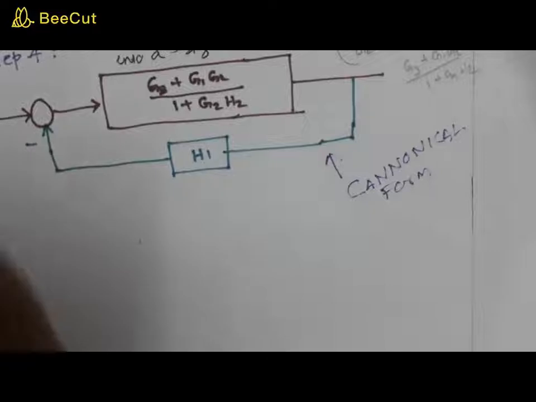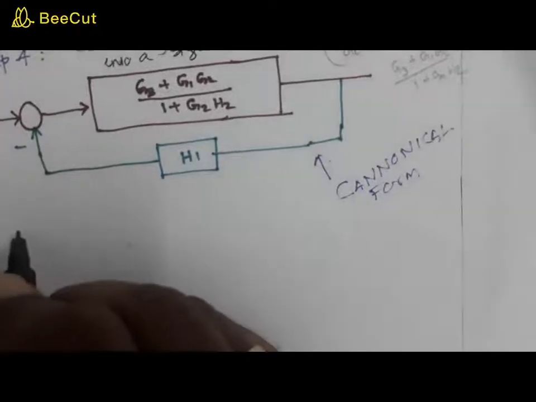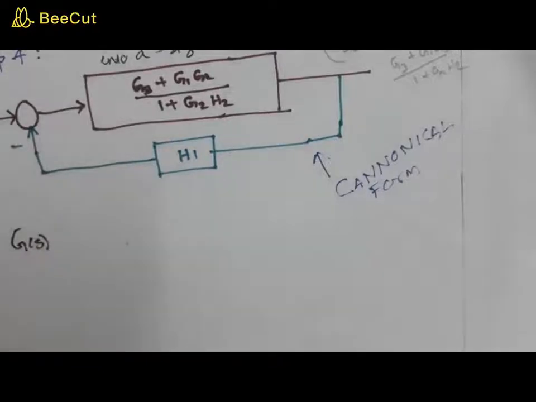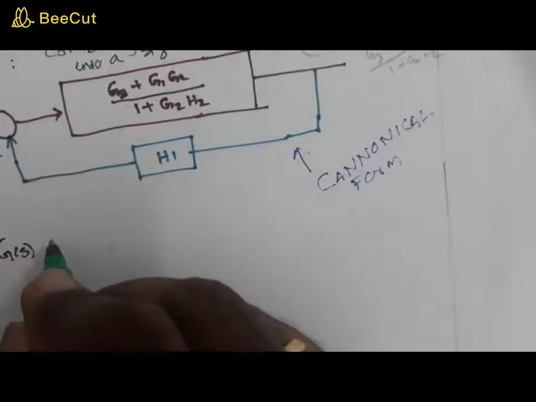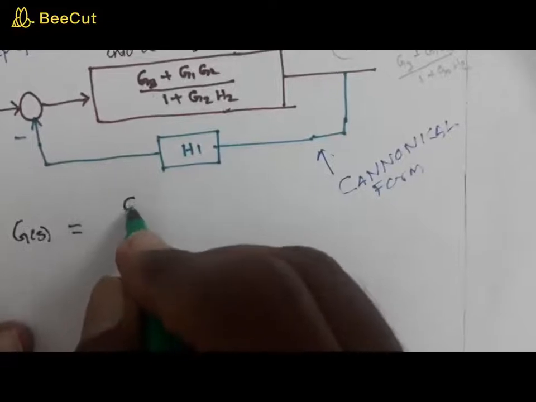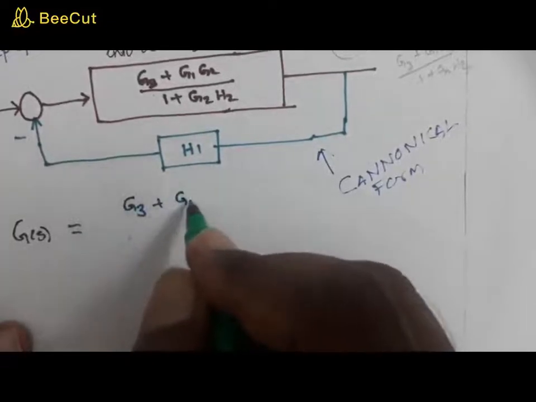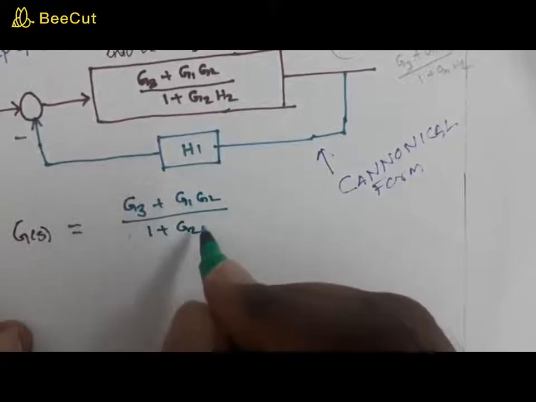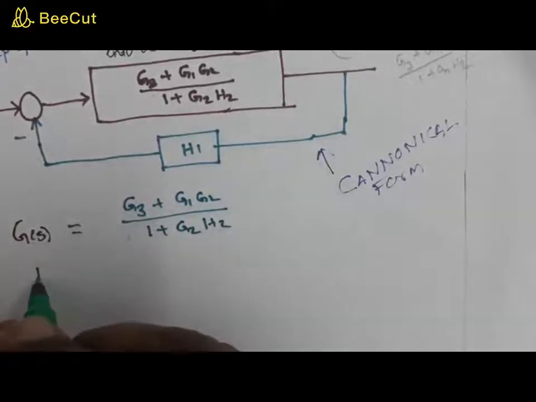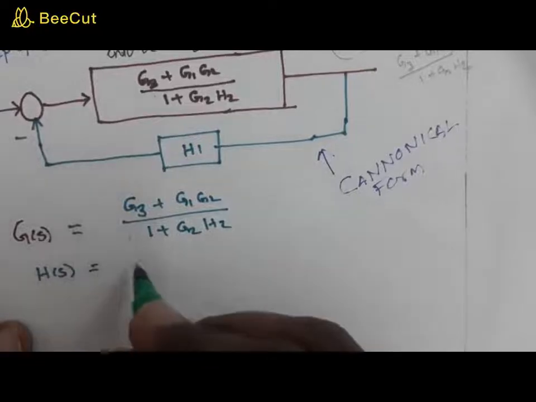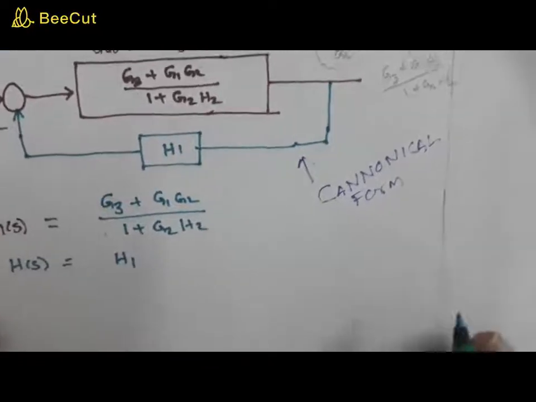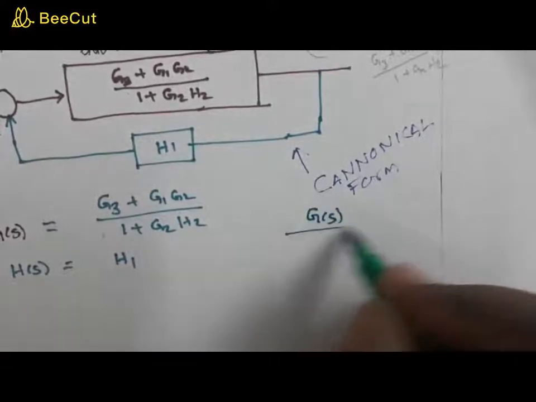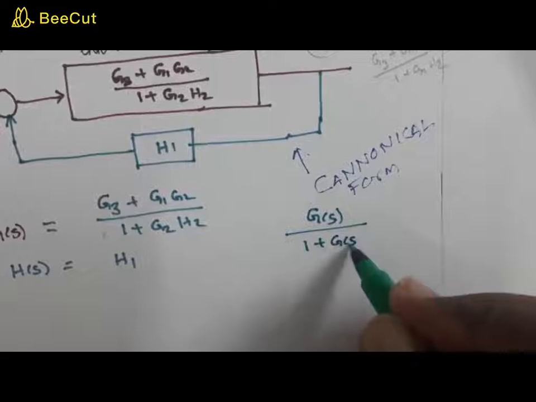Now what is your G(s) here? Your G(s) is G3 plus G1 G2 divided by 1 plus G2 H2, while your H(s) is equal to H1, right? Now you can make use of which equation? G(s) by 1 plus G(s)H(s).